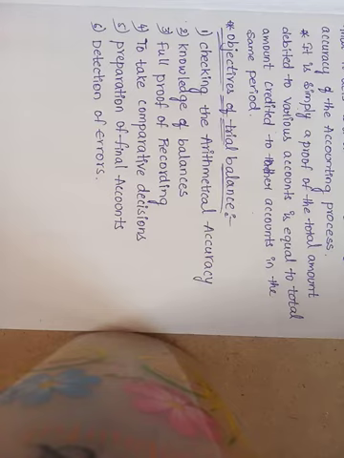So the preparation of trial balance is also helpful in detecting errors, that is, errors in totaling, errors of omission or errors of commission. These types of errors will be discussed in the next chapter, rectification of errors. So these are the various objectives of trial balance.